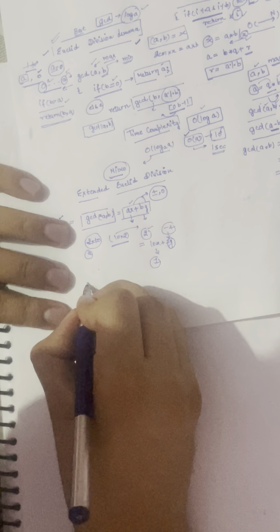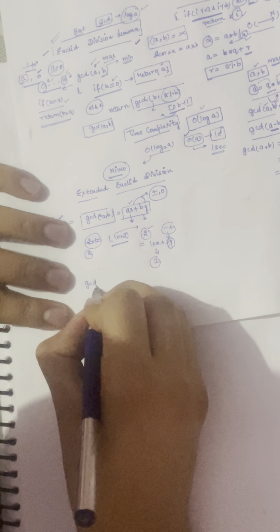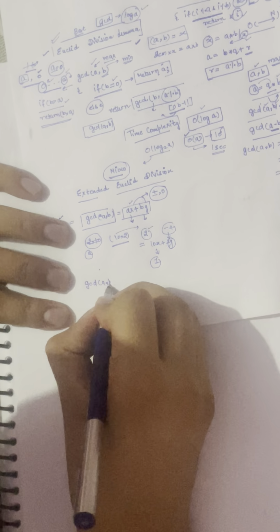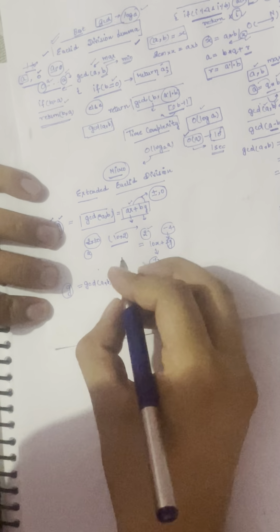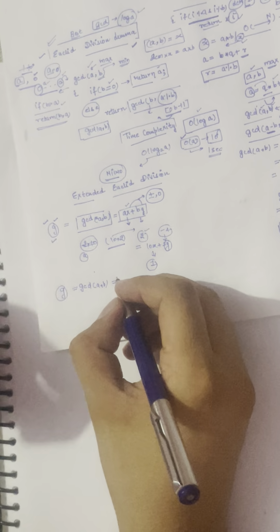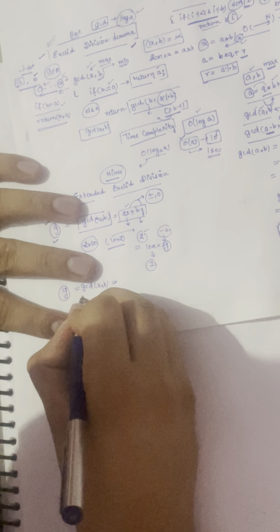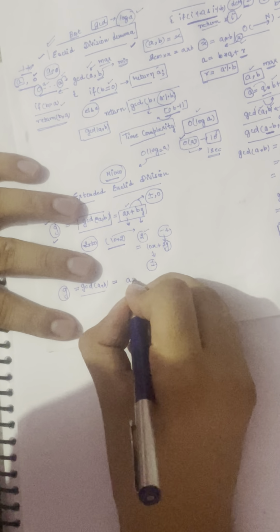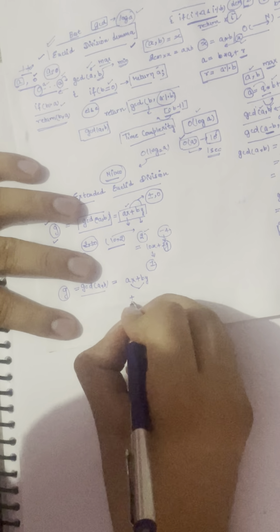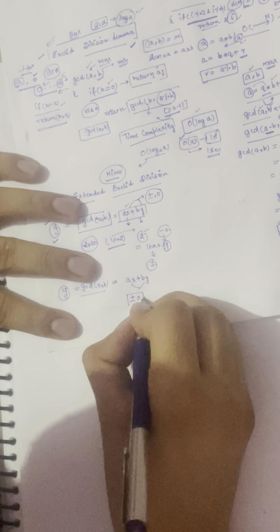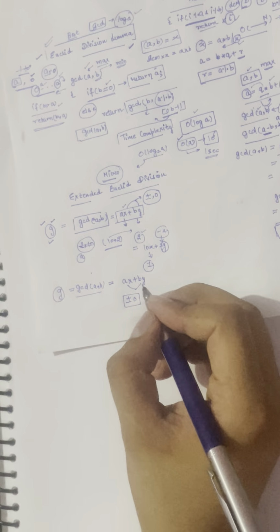So picking any two numbers a comma b and finding their GCD, and let's say their GCD is g, then we would be able to express g in terms of a and b, ax plus by, and now x and y would be either positive, negative or zero integer values. So why are we studying this?